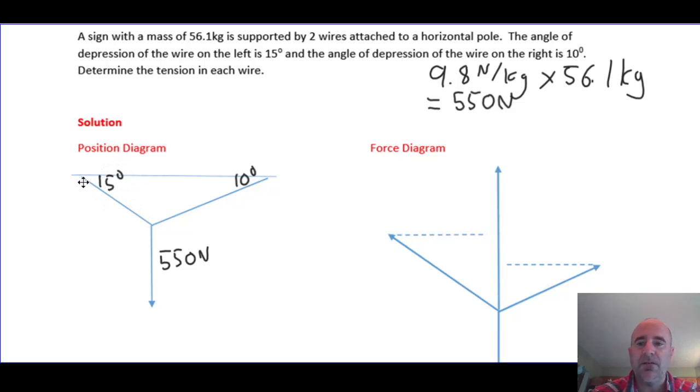So this tension in this wire is actually stronger, is greater than the tension in the wire on the right. Even though in the picture this wire is shorter, the actual force here is a vector that's longer. So what we really need to do is take our position diagram and change it into a force diagram.